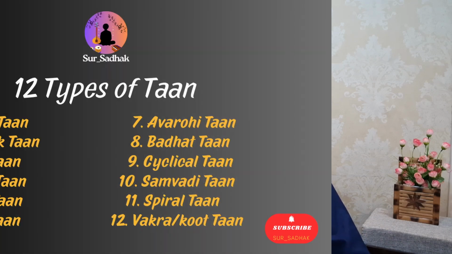So once you get the architectural logic behind a Taan, you can create patterns, and the patterns should also feel very natural whenever you are giving the performance. So you can produce exciting and expressive patterns using this logic of the Taan.